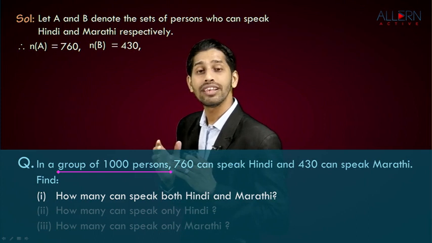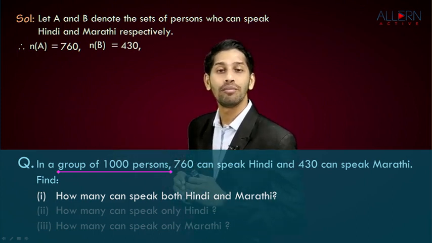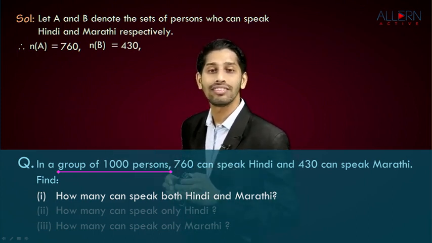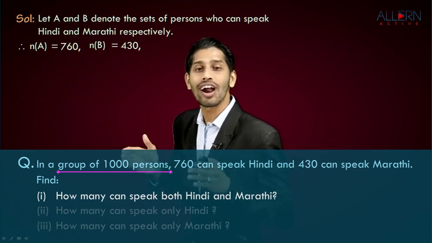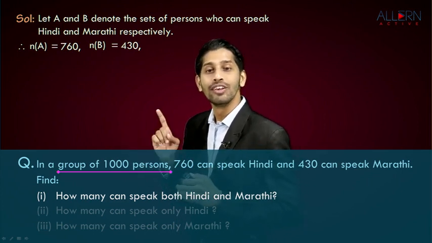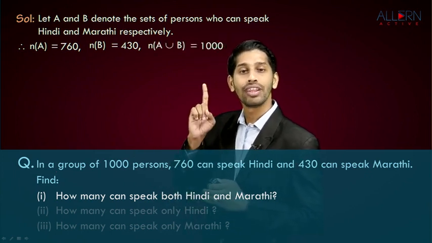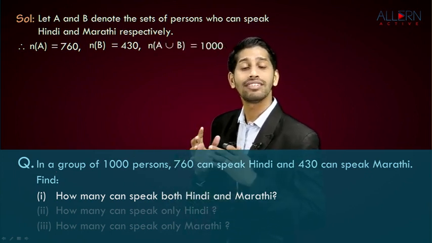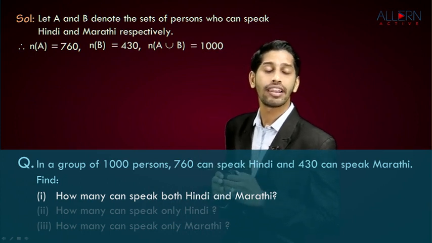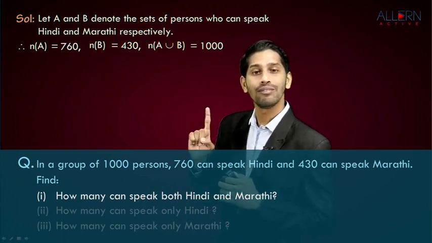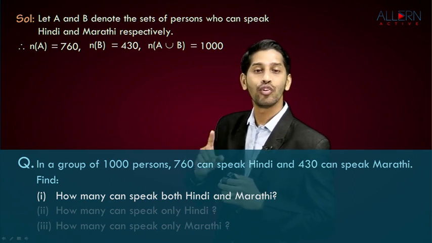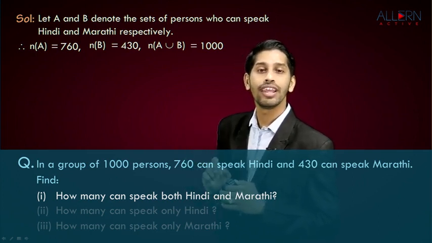It also says that there is a group of 1000 persons, that means total count is given, and total count is nothing but union. So this 1000 is n(A ∪ B). That means three pieces of information are given to us: n(A) = 760, n(B) = 430 and n(A ∪ B) = 1000.